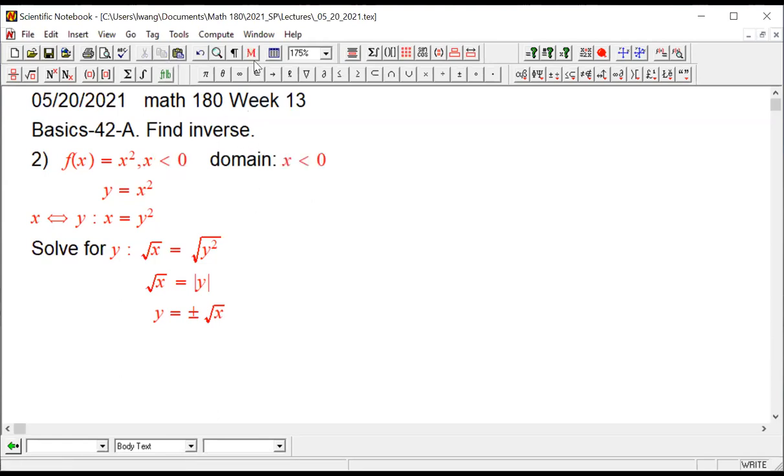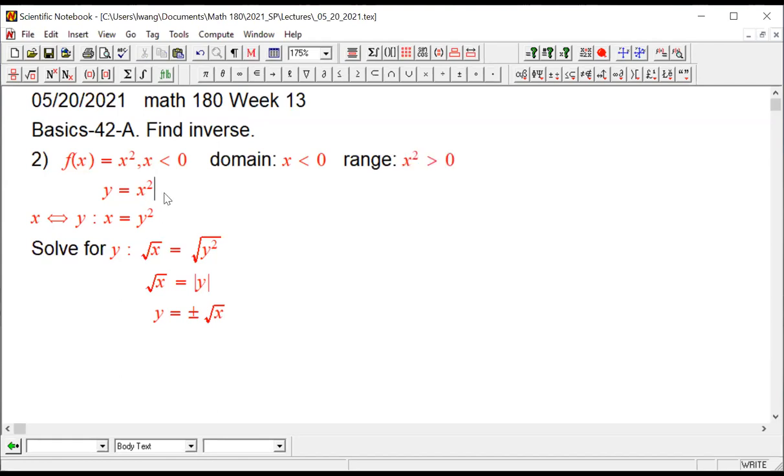And what is the range as a result? You square a negative number, it's going to be positive, right? 0 is not included. Therefore, the range for this function is positive.